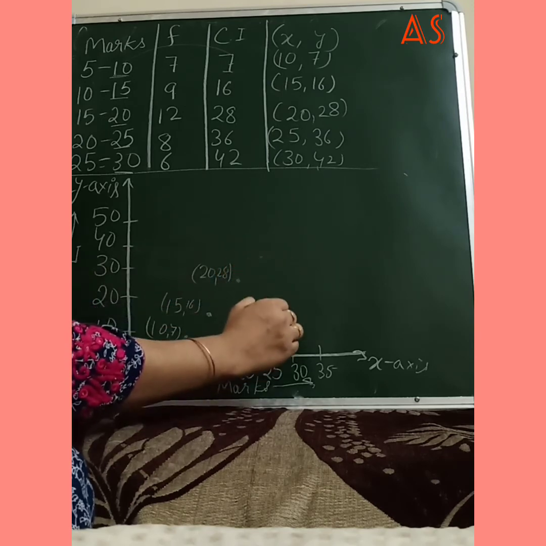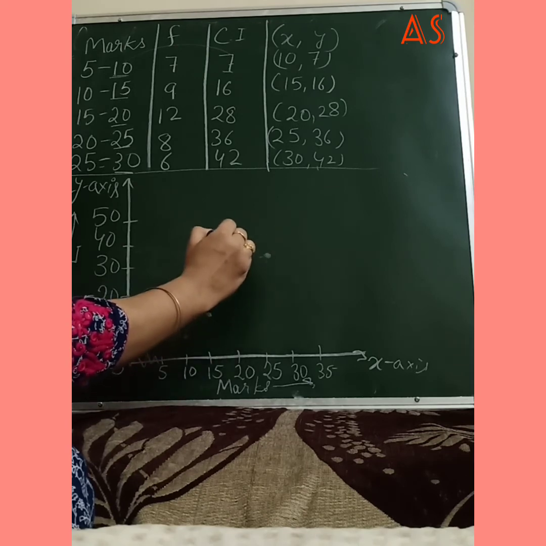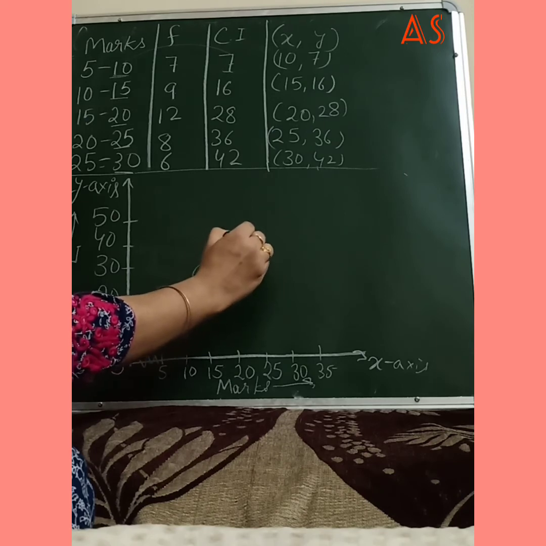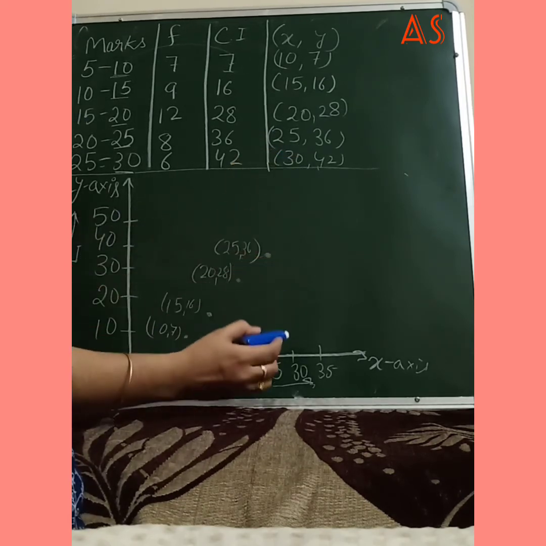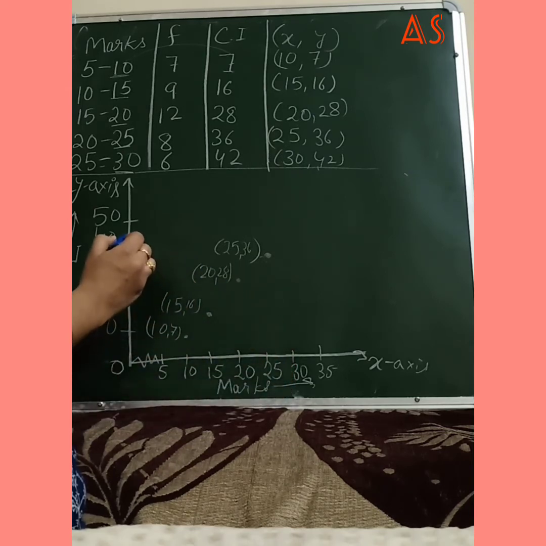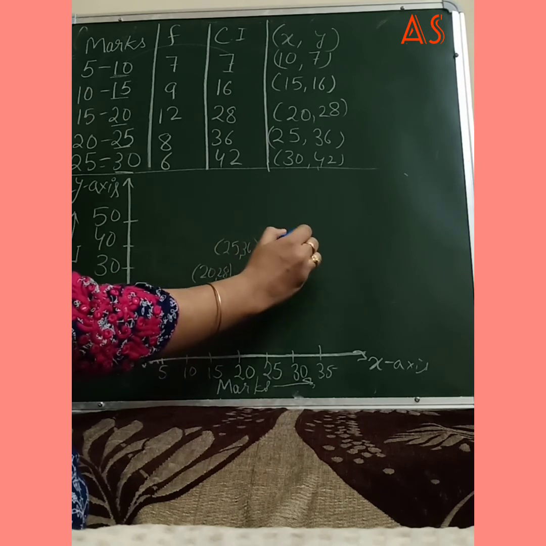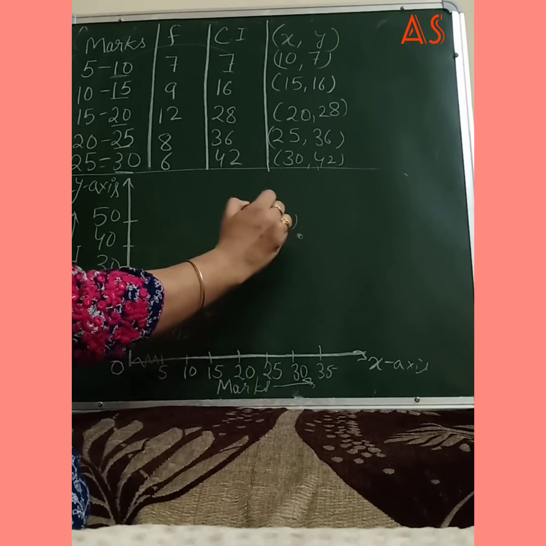So 25, most probably here. In the graph it will come exact. So when you draw in the graph, you have to draw carefully. Next is 30 and 42. X is 30 and y is 42. This is 30 and this is 42.